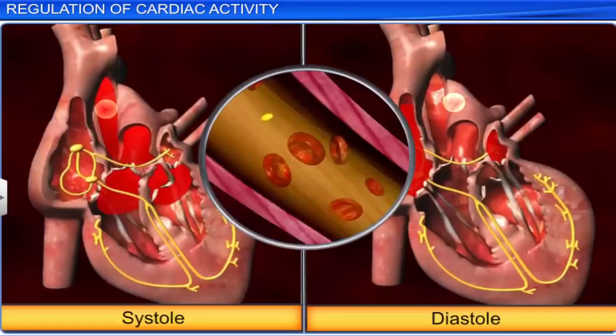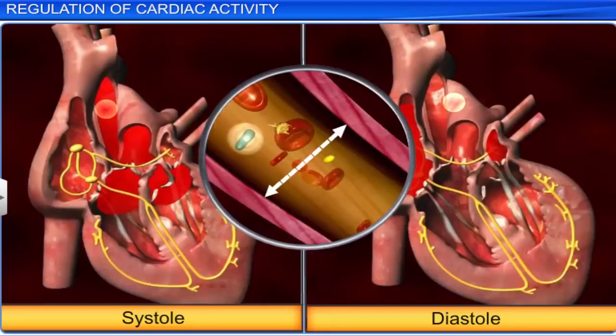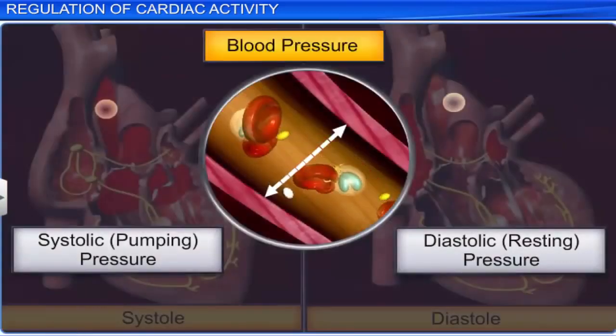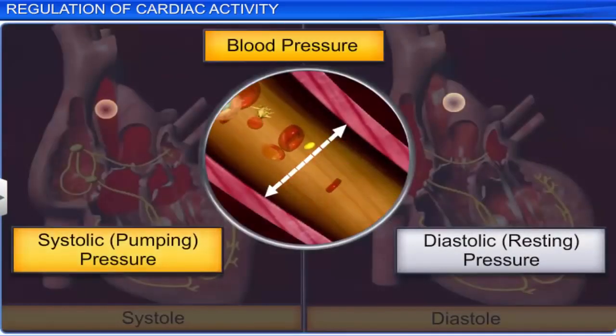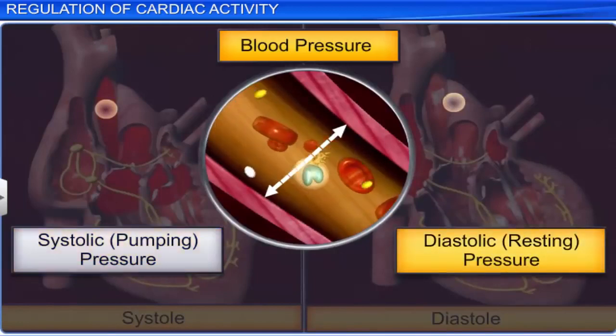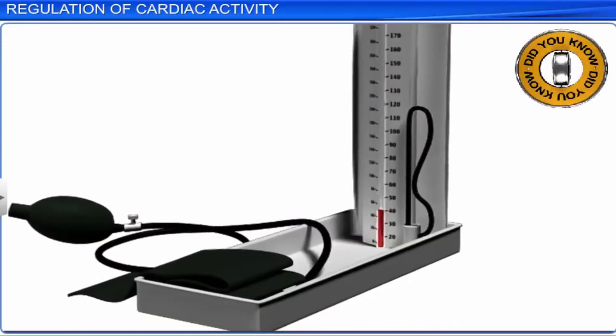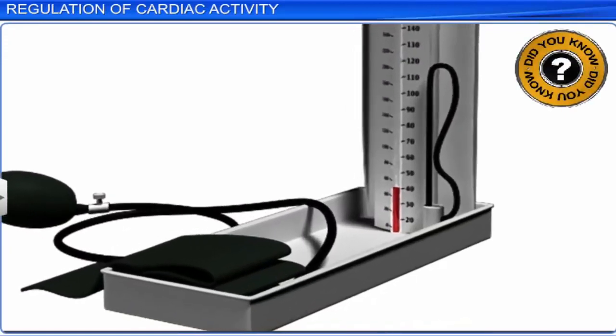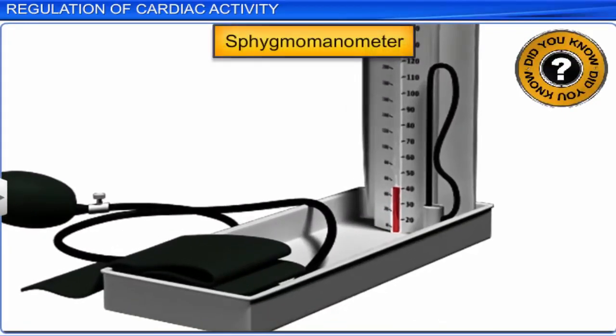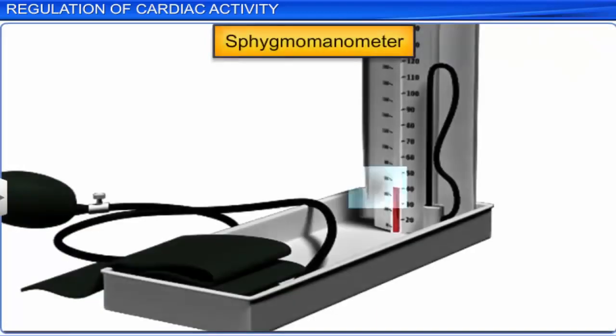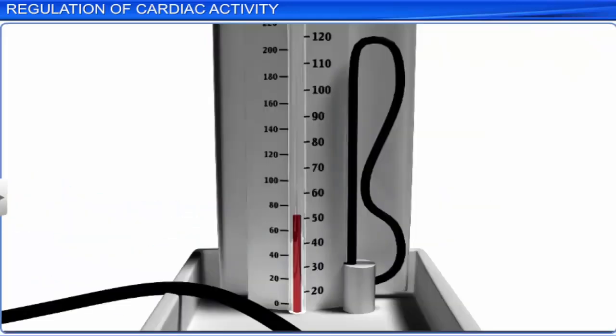The heart undergoes alternate systole and diastole, and hence blood pressure is measured as systolic or pumping pressure and diastolic or resting pressure. Did you know that blood pressure is measured using an instrument called a sphygmomanometer? It measures blood pressure in millimeters of mercury or mmHg.